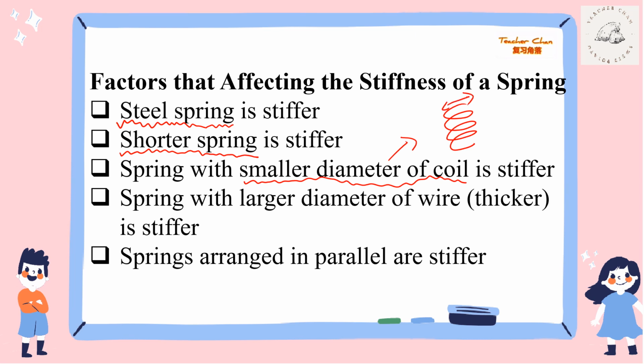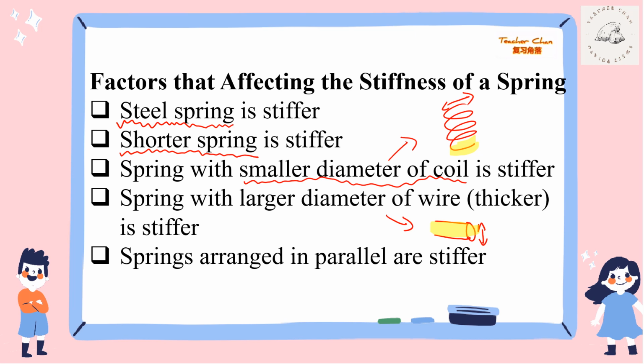When I say the diameter of the wire, it is like this. This one is the wire. The diameter of the wire is at this portion. So when you look at the diameter of the wire, you will see that a spring with larger diameter of wire is stiffer than the smaller diameter of wire.